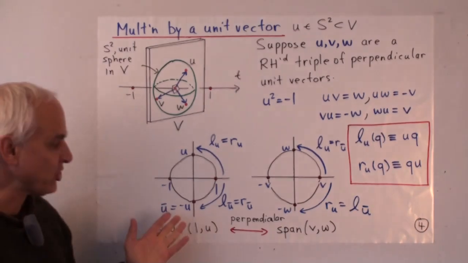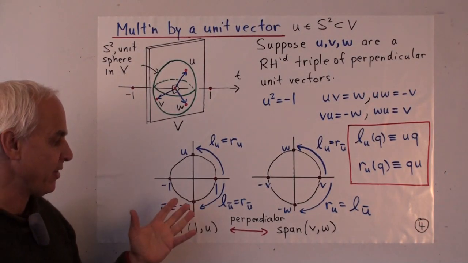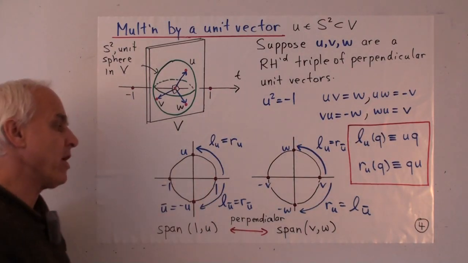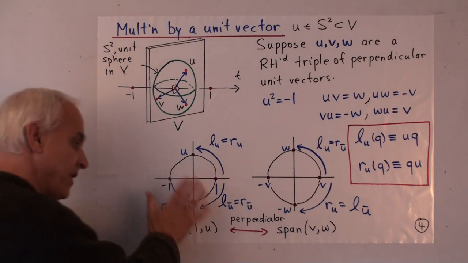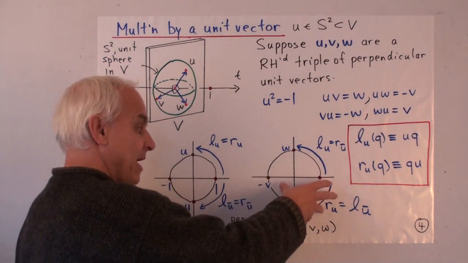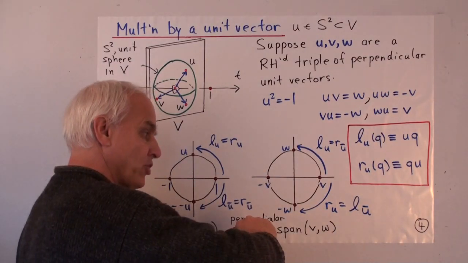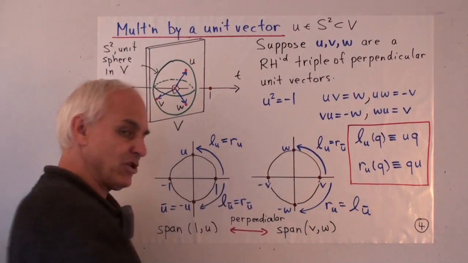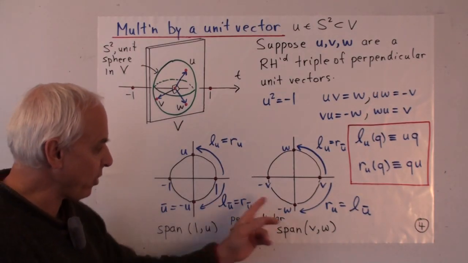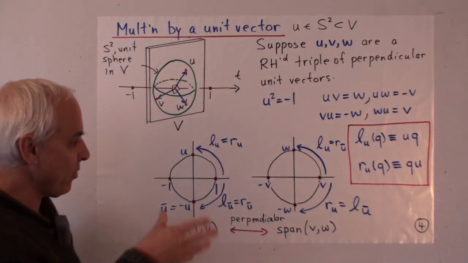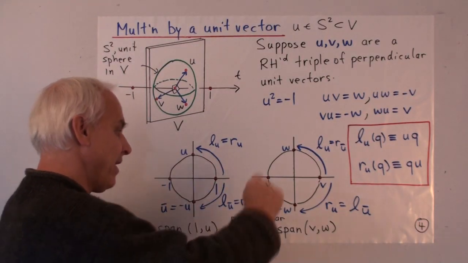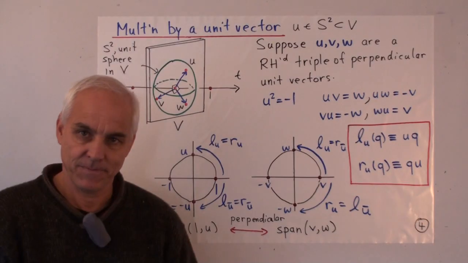The two actions of multiplying by u on the left or the right both amount to a positive quarter turn on this two-dimensional space, but they're different over here. Left multiplication is a quarter turn, right multiplication is a negative quarter turn. A subtle but crucial difference between the way u acts by multiplying on this two-dimensional space and how it acts on this two-dimensional space.